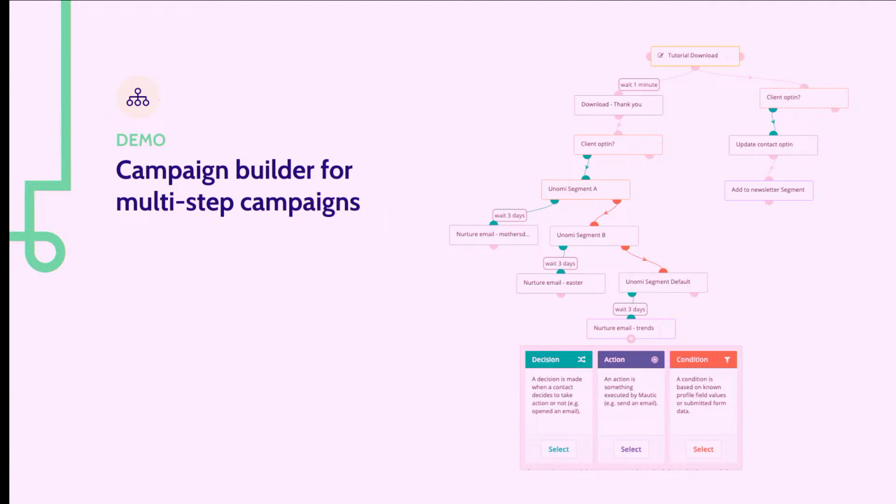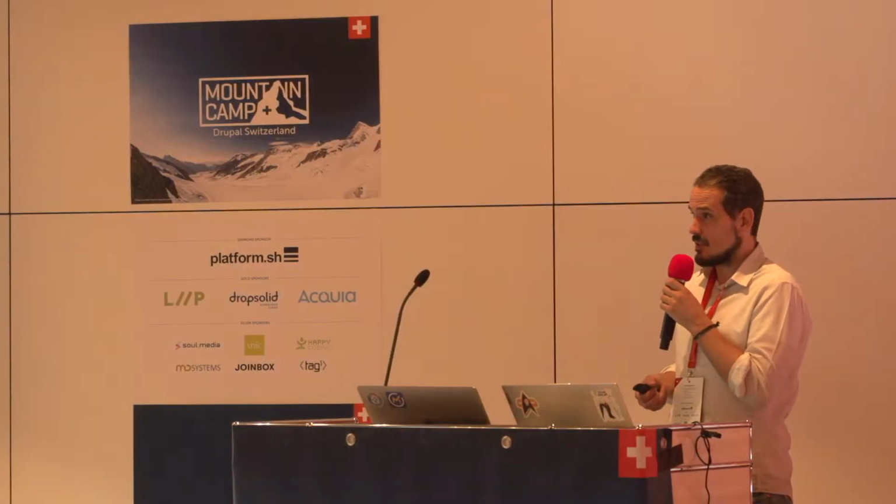And then I think the most powerful feature in Mautic is the multi-step campaign builder. The multi-step campaign builder allows you to do drip campaigns or push users through a certain journey based on a certain path that you put in there.